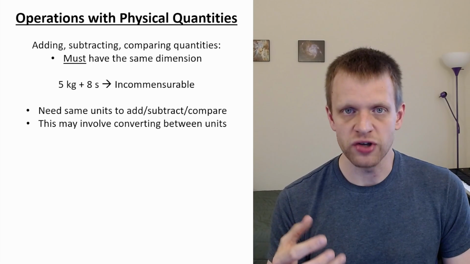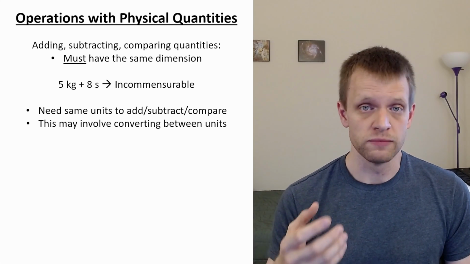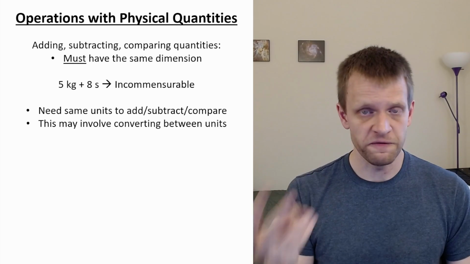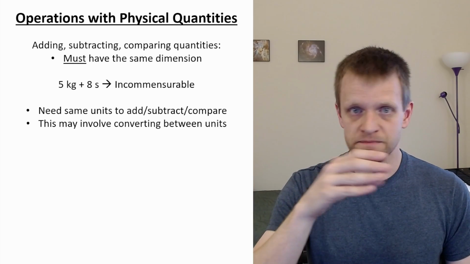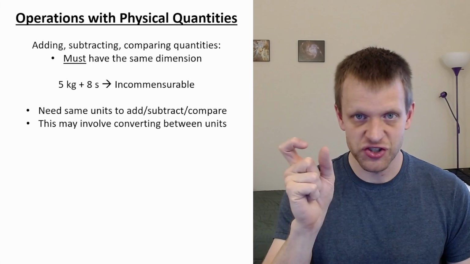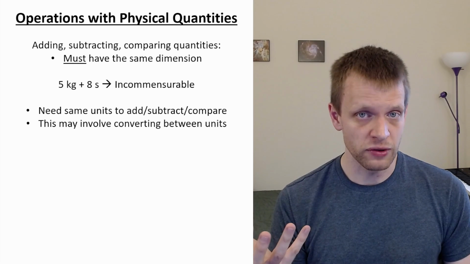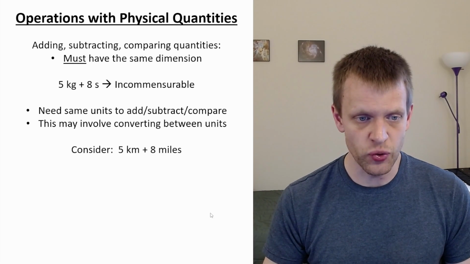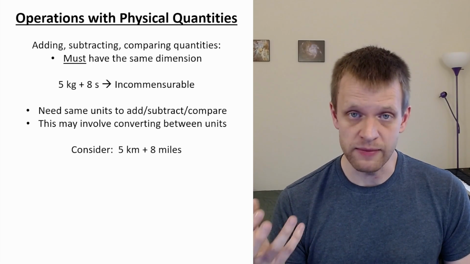For example, when we talk about lengths, I can talk about lengths in terms of meters or feet or yards or miles or inches or centimeters, millimeters, kilometers, all of the SI prefix meters quantities. All of those are lengths, but if I want to actually do a comparison or add or subtract these quantities, I want them to be in the same units as well.